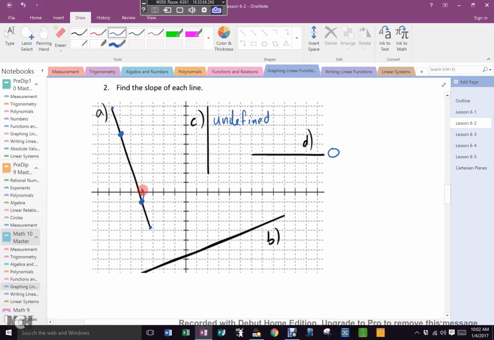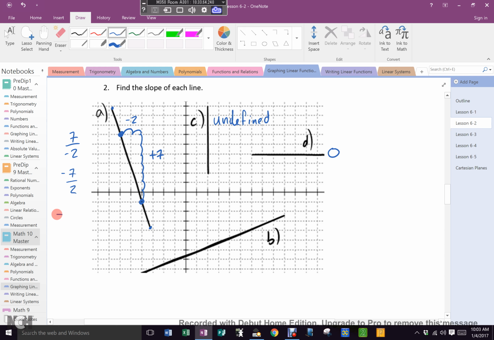So I go up 1, 2, 3, 4, 5, 6, 7, plus 7 for a rise, and what's my run? -2. So this guy's slope is 7 over -2. Can I write that in any other ways? Can I write that as negative 7 over positive 2?